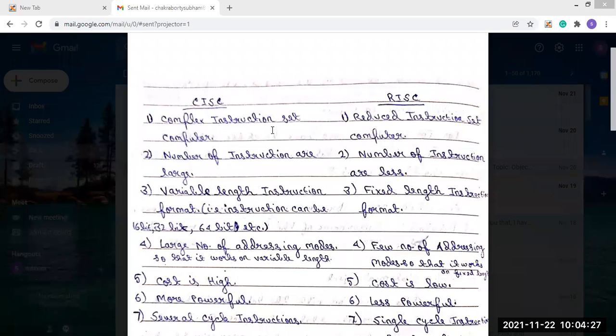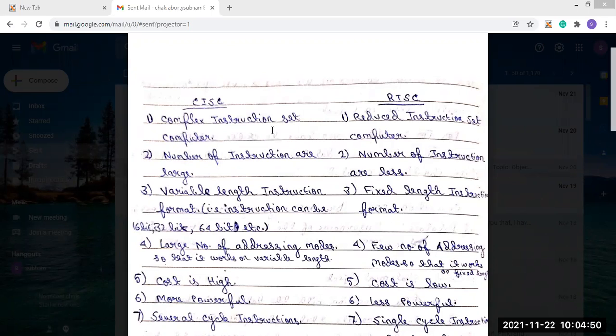Then the cost: for CISC, the cost is high. In CISC, the hardware requirement is much more powerful, and if the hardware is powerful, the cost increases.